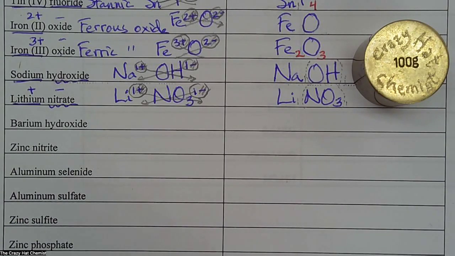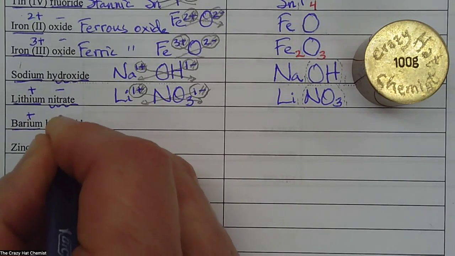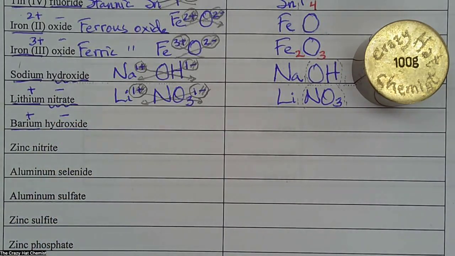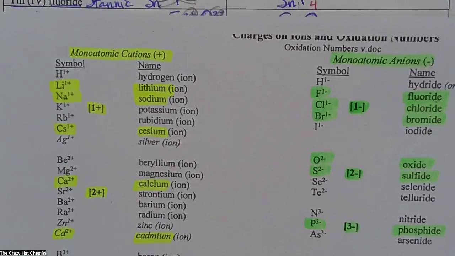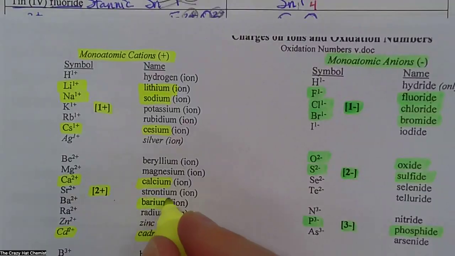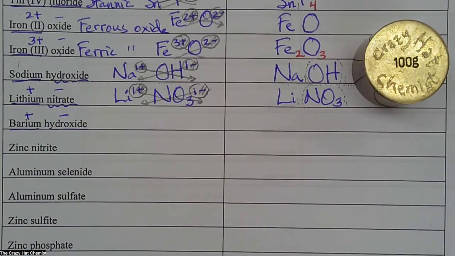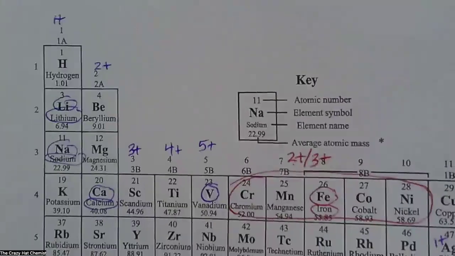Okay, and so this next one is going to be barium hydroxide. That's a cation, that's an anion. Barium is right over here. It's a monoatomic cation, and it is barium, and that is a Ba2 plus. It's in that 2 plus category. Alternatively, you can find barium right over here.